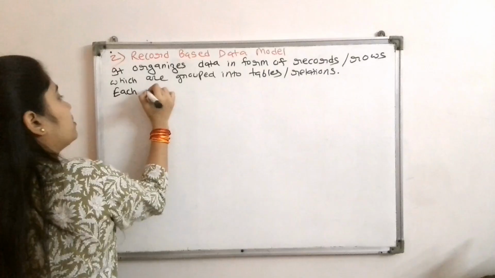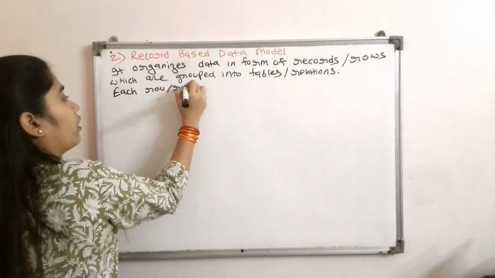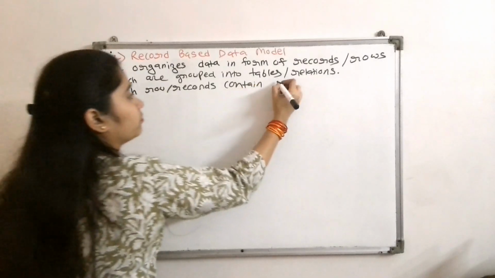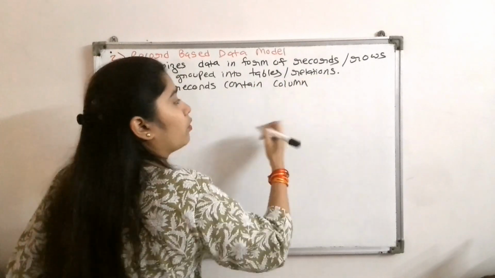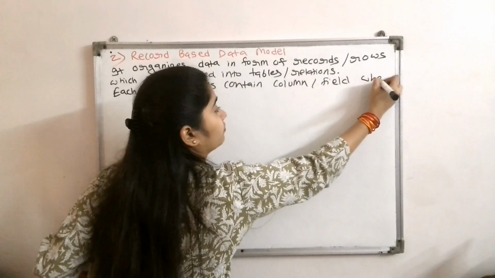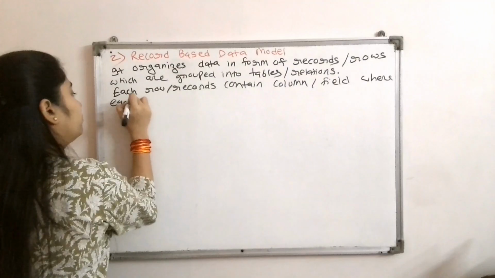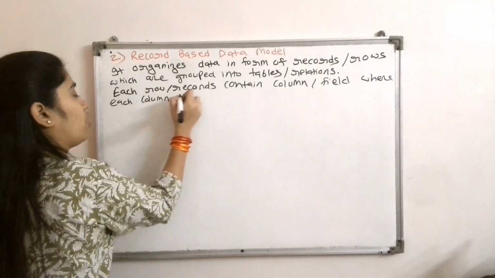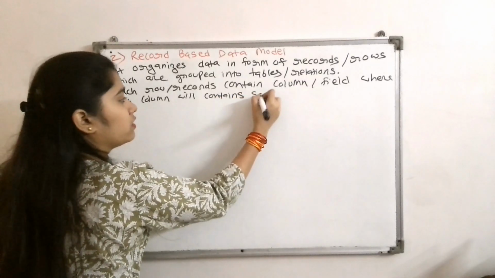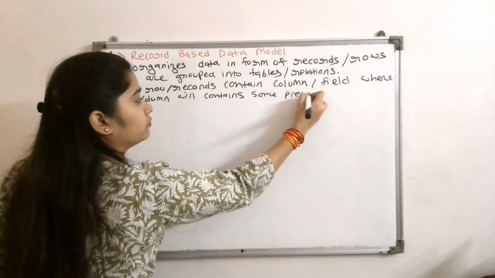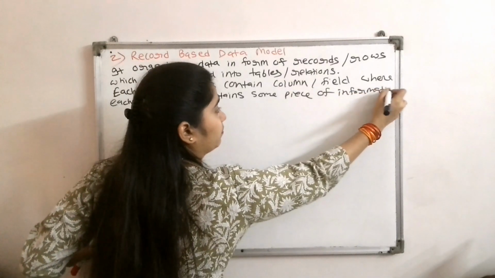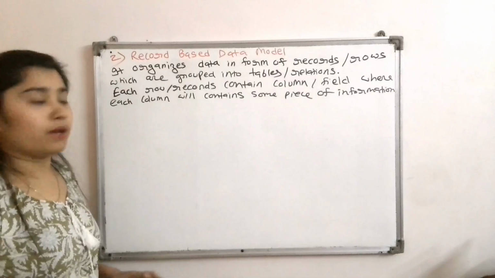And here each row or record contains columns. Column is also known as the field, where each column will contain some piece of information. This is the record based data model.